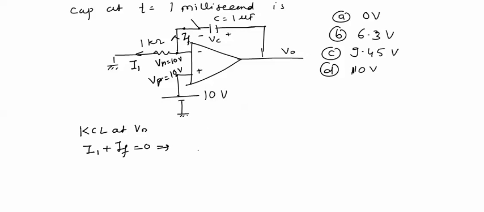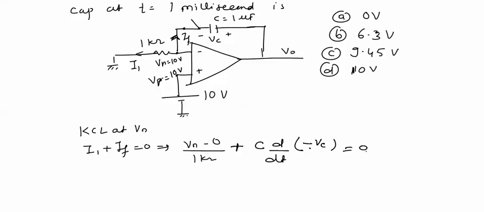So substituting for I1 and IF, we get Vn minus 0 divided by 1 kilo ohm plus, this is a capacitor current, which is written as C into d by dt of minus Vc. Minus Vc is taken because the polarity across the capacitor is not according to the direction of current, it is in the opposite direction of current, so I have taken minus Vc to compensate this, equal to 0.